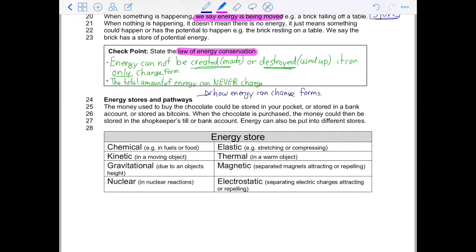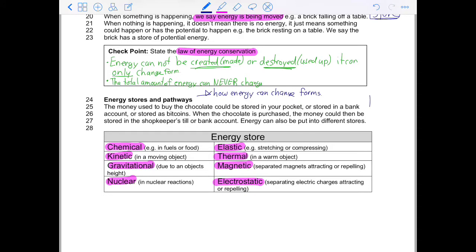So we have 8 forms of energy stores that you need to know. We have chemical energy, kinetic energy, gravitational, nuclear, elastic, thermal, magnetic, and electrostatic. So these are the 8 energy stores that you need to know. Something I want you to know as well is that energy can also be in a form that's not in a store.